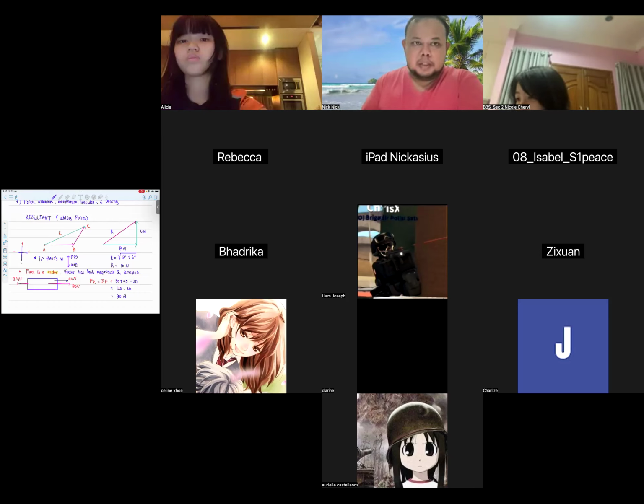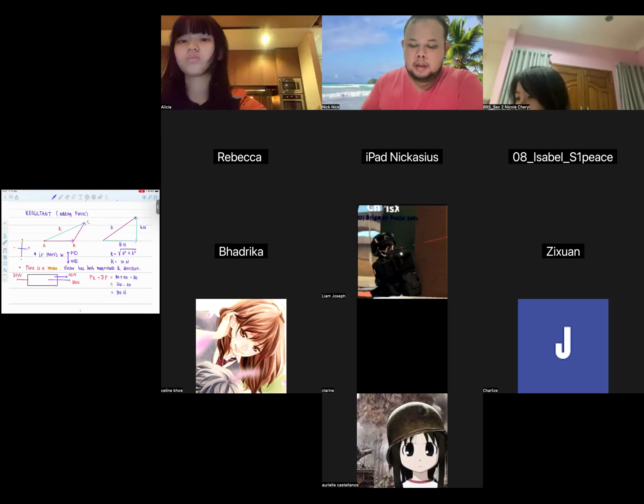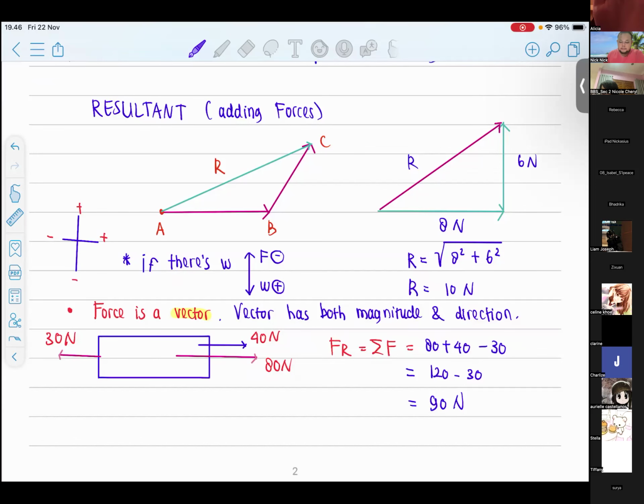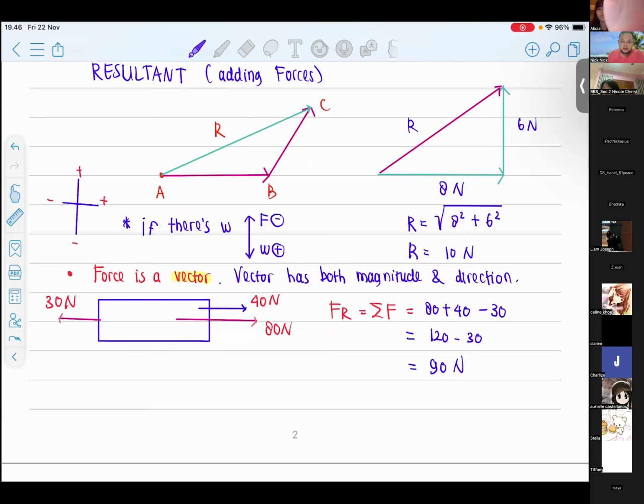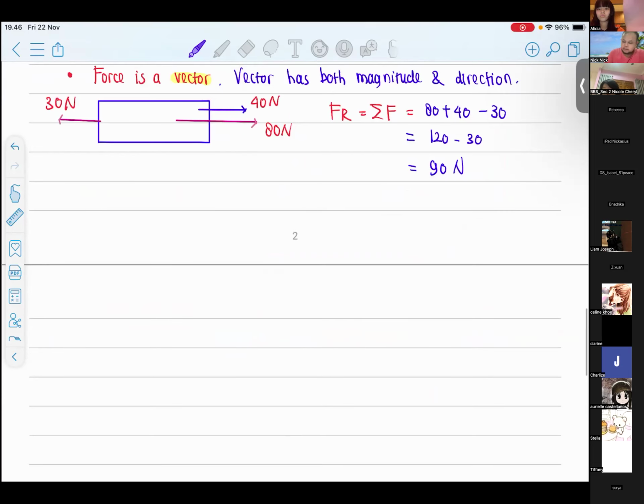Now, this is the resultant, right? Representing factors. Okay, graphical method.